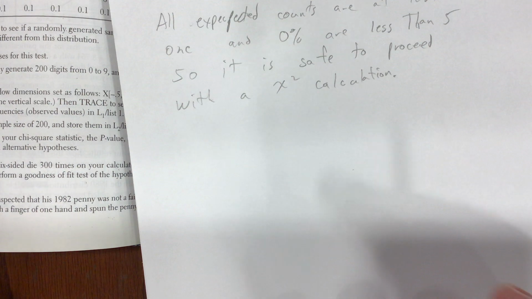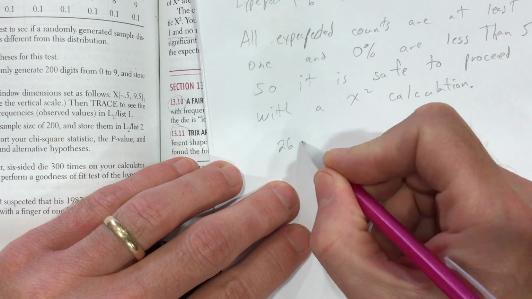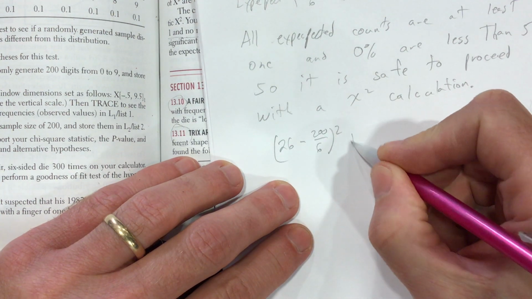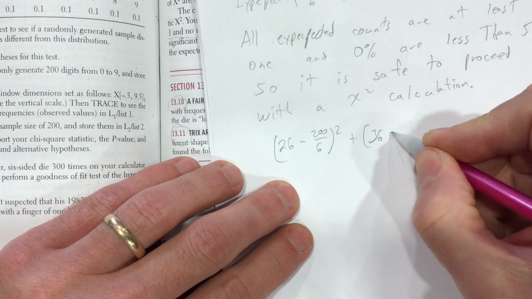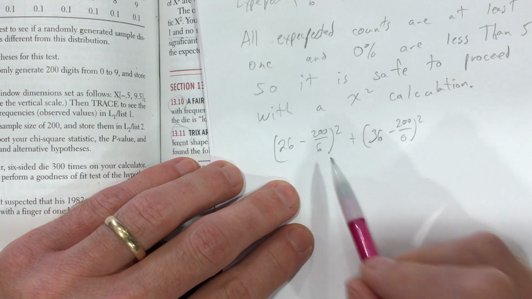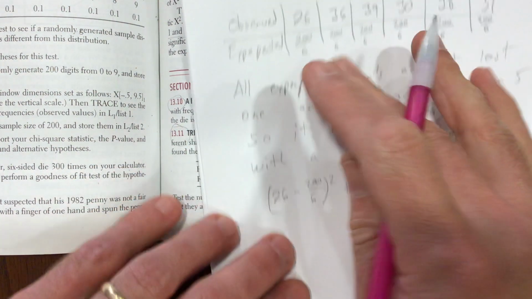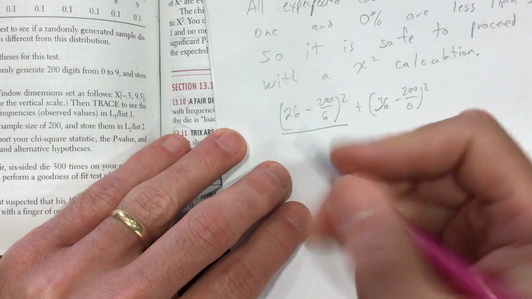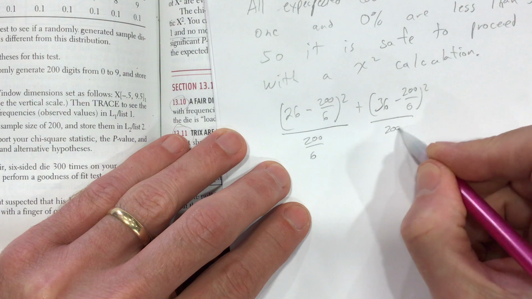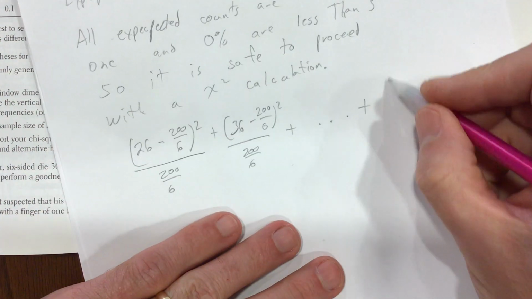So on this problem, it would be 26 minus 200 over 6 squared plus 36 minus 200 over 6 squared. Since they all have the same expected count, I was just going to write one big common denominator. But a lot of times the expected counts can be different, so I don't want to confuse you. I'll do that on each one. And you keep going until you do the last one.